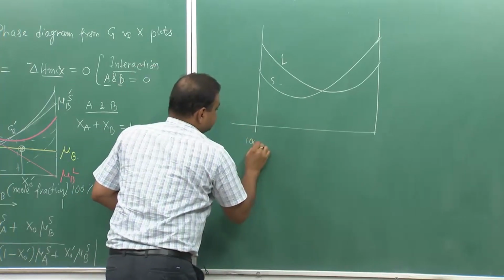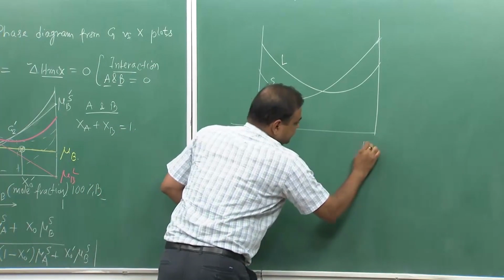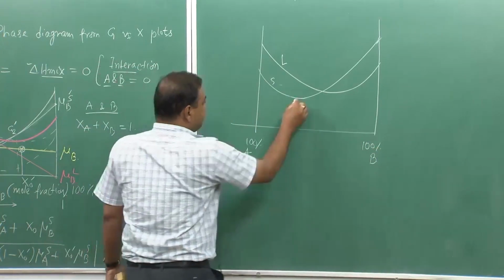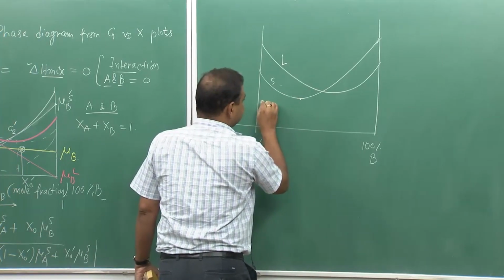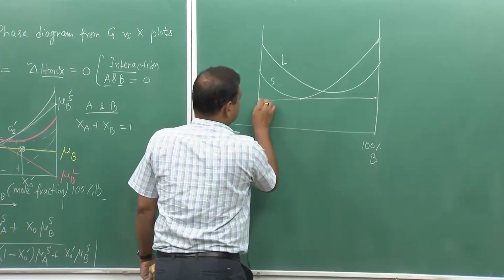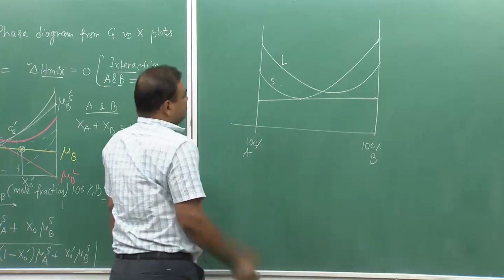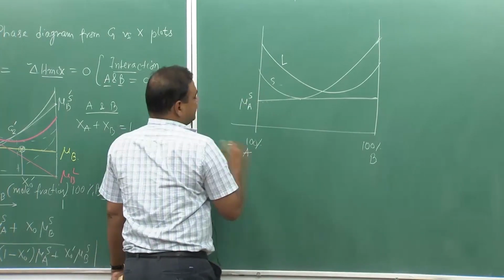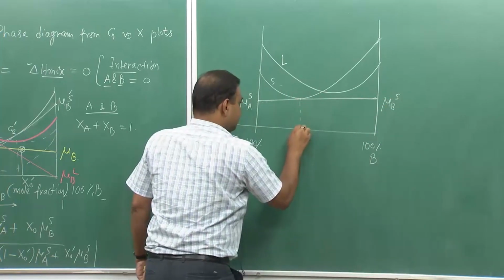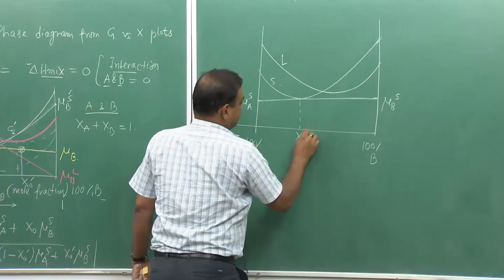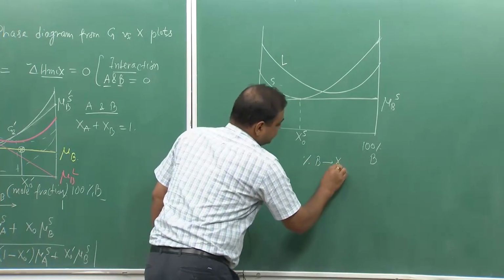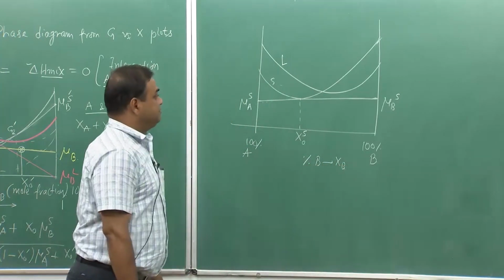Now, this is 100% A, this is 100% B. Now, if I draw a tangent at this point, so that means this is mu A S, this is mu B S at composition x 0 S, and this is percentage of B, which is in the form of x B. This is the mole fraction.